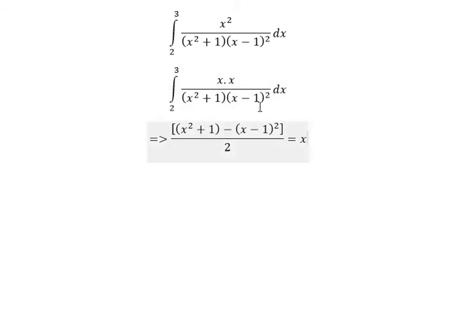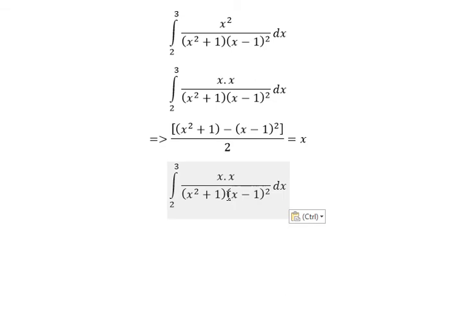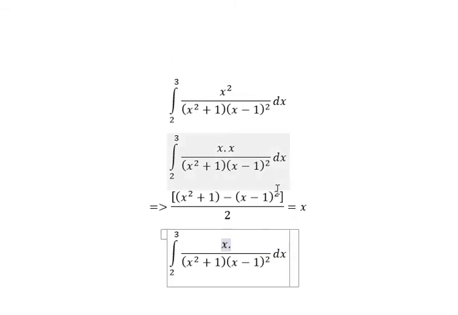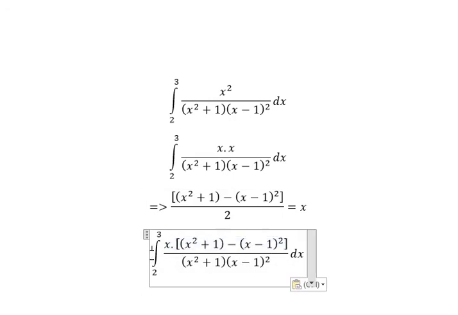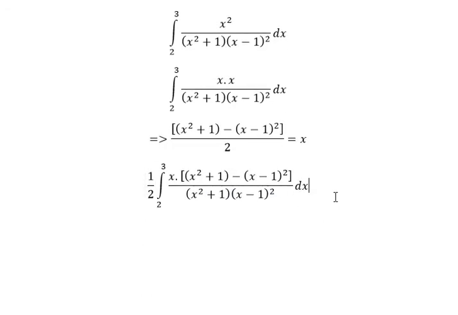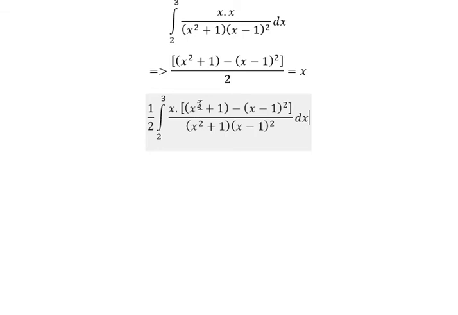And now we change one value of x into this one. Now we have x to the power of 2 plus 1 divided for this one, so you can simplify similar for (x minus 1) to the power of 2, and now we can separate them into two integrals.